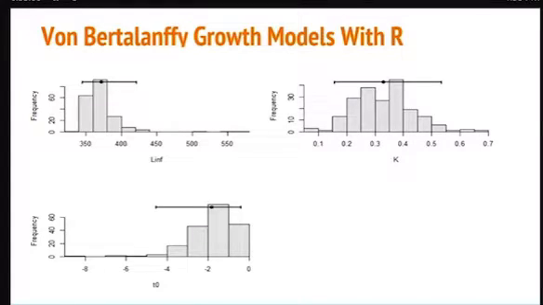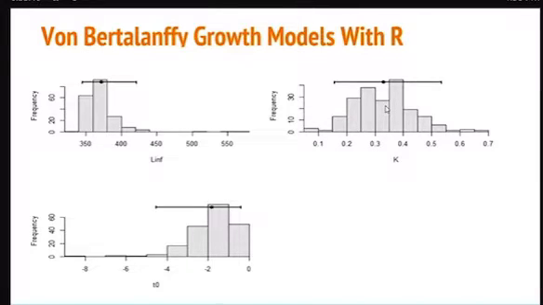Now, what I observe is, for example, the 95% interval for the Brody growth coefficient K is between 0.16 and 0.53. The histogram of the bootstrap also shows the distribution of K is approximately normally distributed. I'm talking about K1.